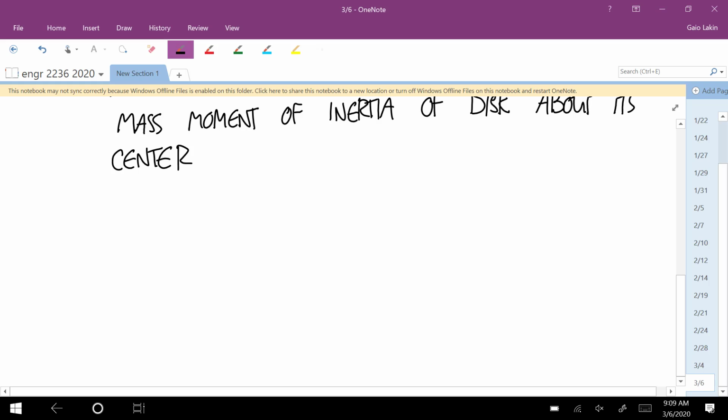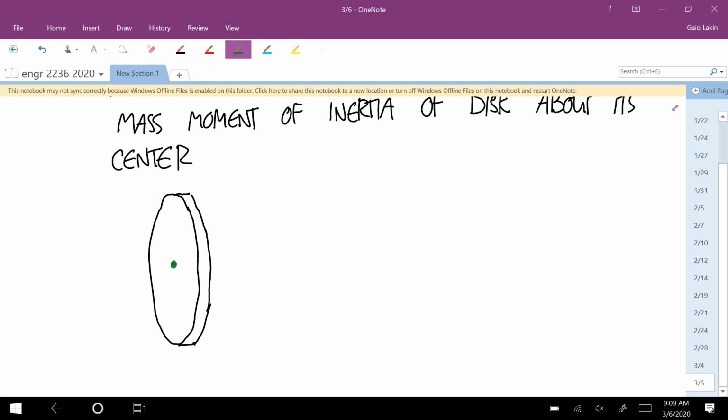So a disk, okay, let me draw this sort of from the side. Even though we're doing two-dimensional problems, you can have rotations about multiple axes in two-dimensional problems.